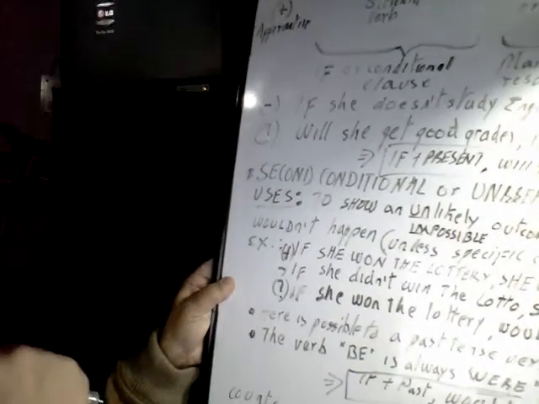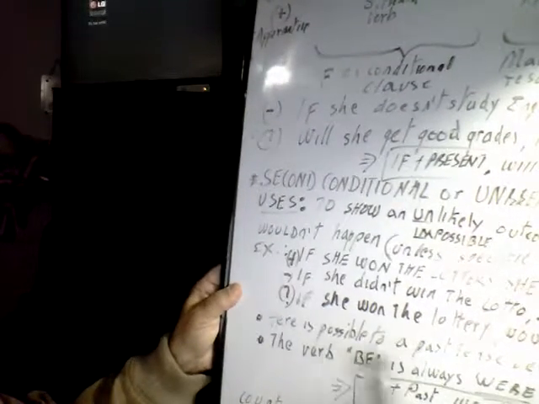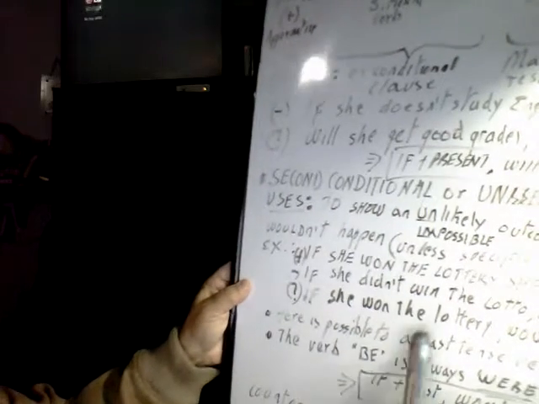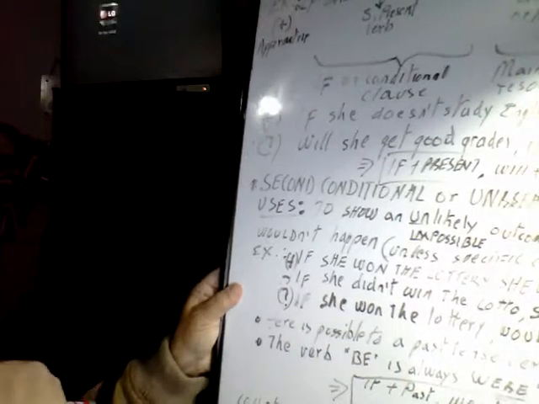Here I wrote that it's possible to use a past tense verb for a future situation. So this sentence can be used if you would like to express future situations.